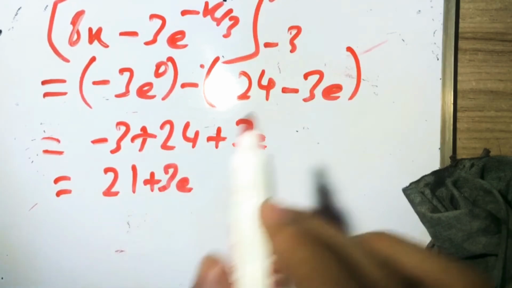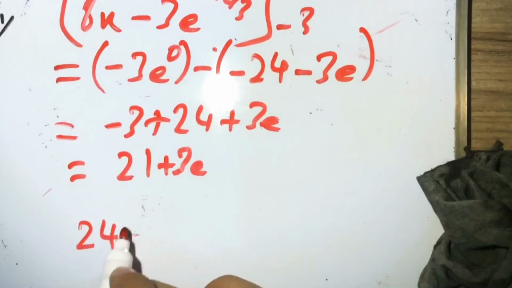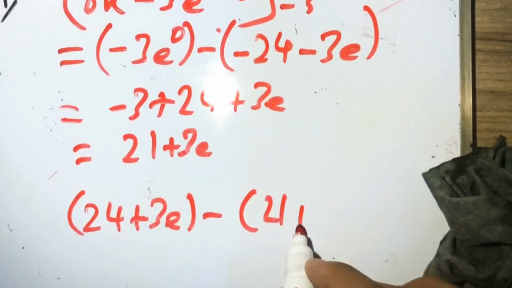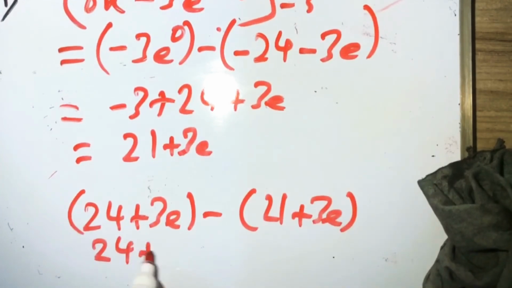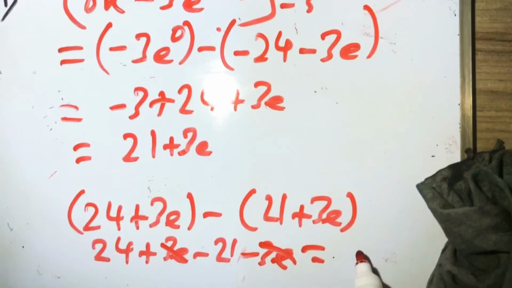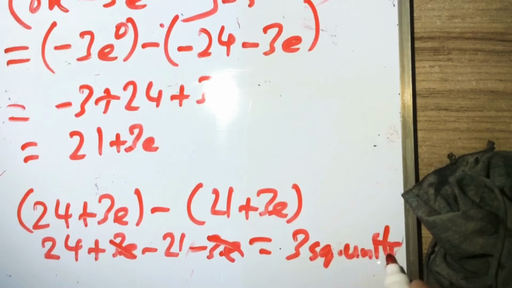Now we have to subtract this from the area of the rectangle, so 24 plus 3e minus 21 plus 3e, 24 plus 3e minus 21 minus 3e. 3e and 3e get cancelled, 24 minus 21 is 3 square units.